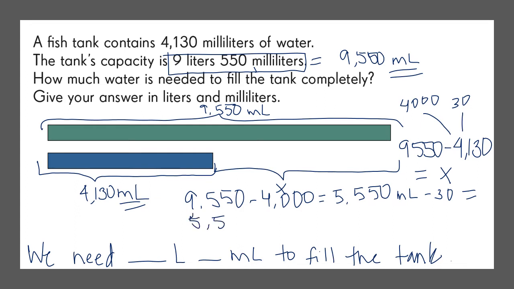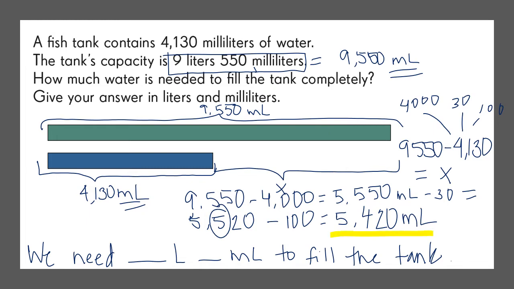The hundreds are not going to change, but 50 minus 30 is 20, so 5,520. And now I need to use the 100. So minus 100 will give us 5,000, taking out 100, so that's going to change our hundreds. 5,420. This is milliliters.